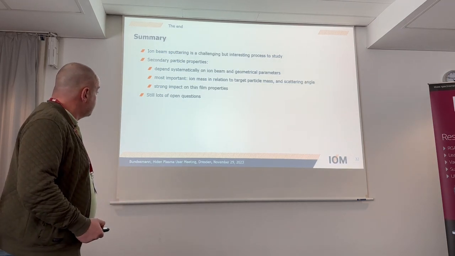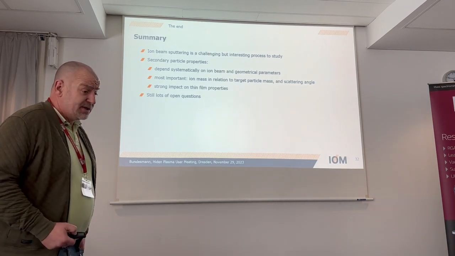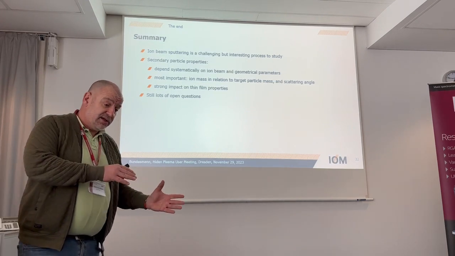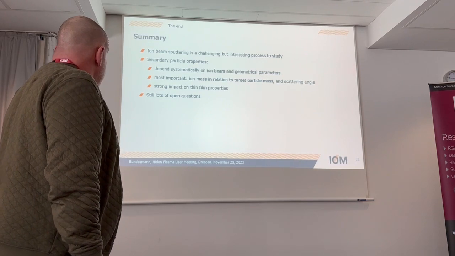That was really nice. We have some nice systematic correlations. It wasn't done before to this extent, especially when you correlate particle properties and film properties. And still lots of open questions.